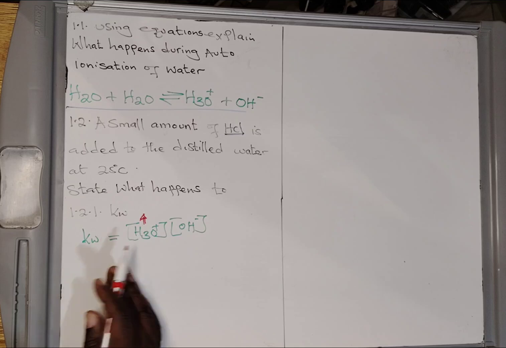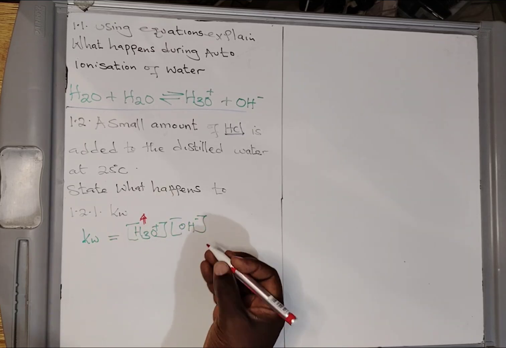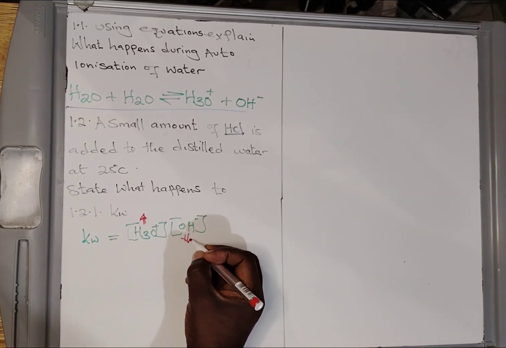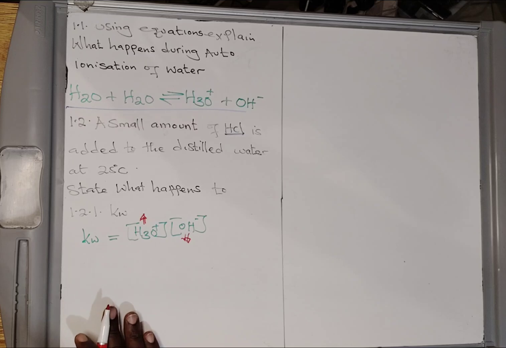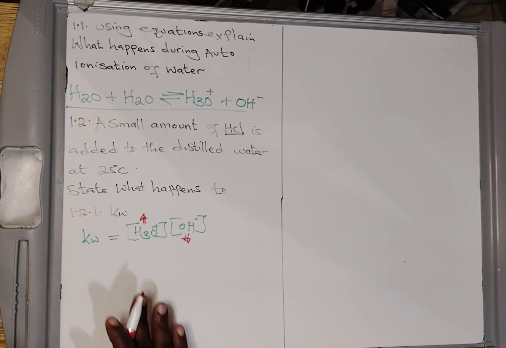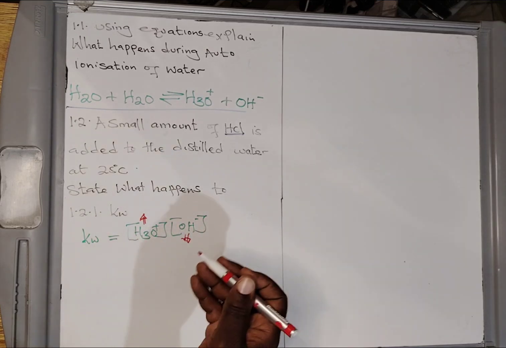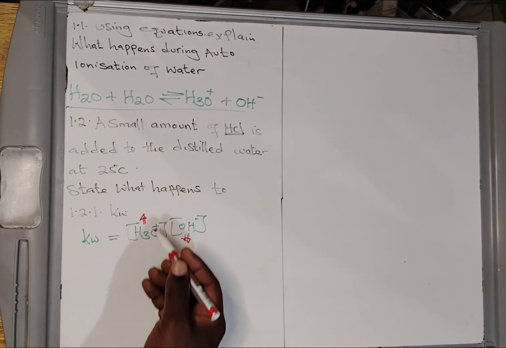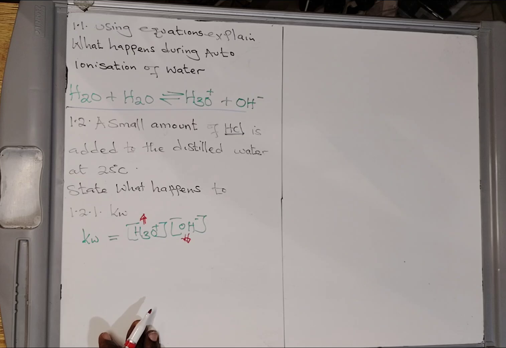So if it remains constant and this one has increased, the hydroxide ions will decrease to maintain Kw constant. So hydronium ions will increase and hydroxide ions will decrease.